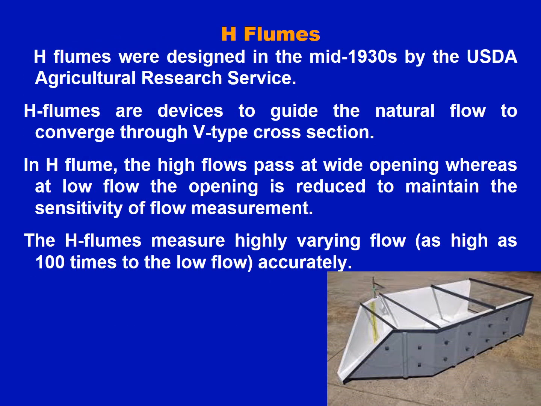Now the second type is the H flume. H flumes are devices to guide the natural flow to converge through a V-type cross section. In an H flume, the high flows pass at the wide opening, whereas for the low flow, the opening is reduced to maintain the sensitivity of the measurement.